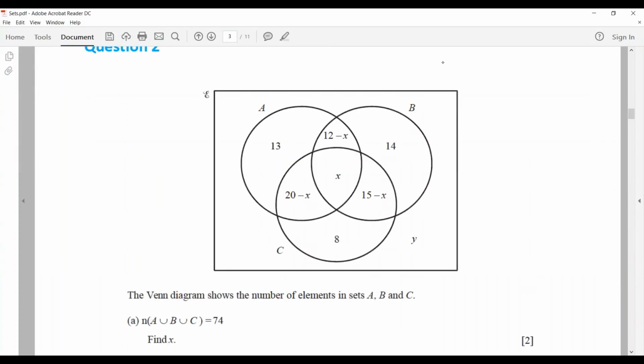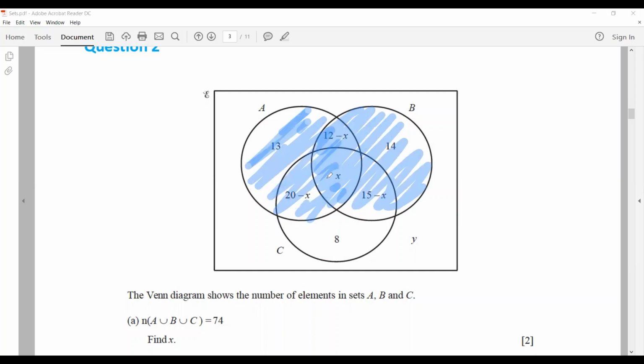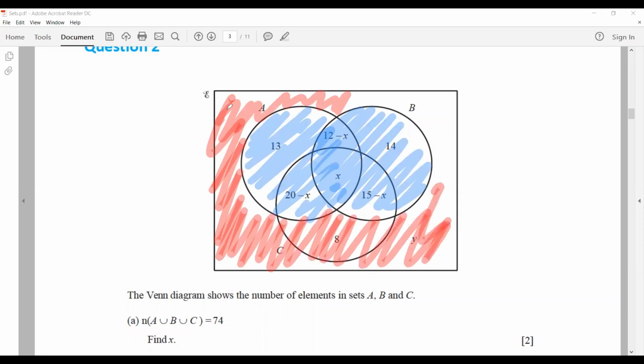I'm going to shade the region. This is B, this is A. So that's their union together. But now, if you look for the complement of that, it means the red region. So the red region represents A union B complement.